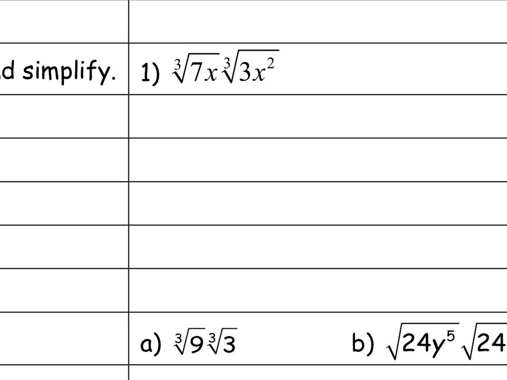Okay, so let's multiply this together. The roots are the same, so that means I can just multiply the inside together. So I get the cubed root of 7 times 3 is 21x cubed. To simplify that, I can't simplify the number because that's 7 times 3.